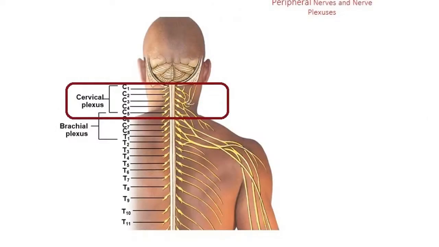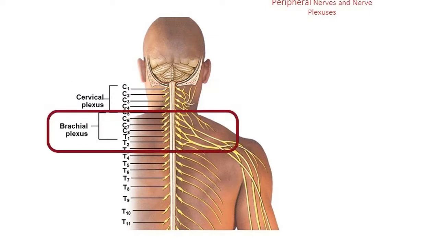So here you can see the cervical plexus, which is formed by the spinal nerves that come out from C1 to C5. Brachial plexus is formed by C5 to T1, so C5 to C8 and T1.